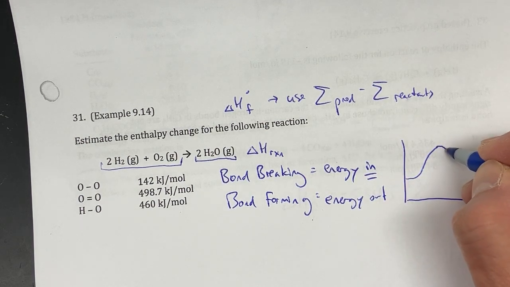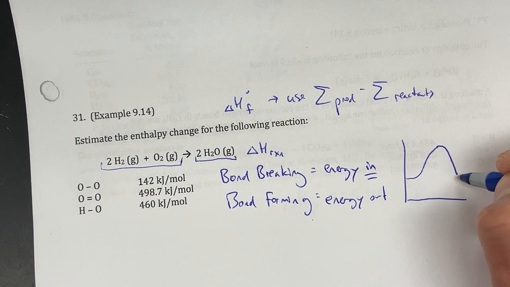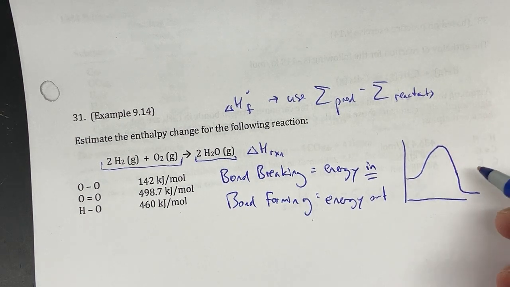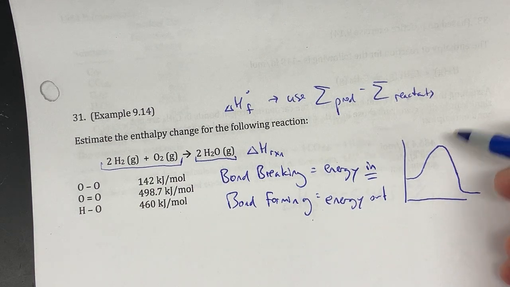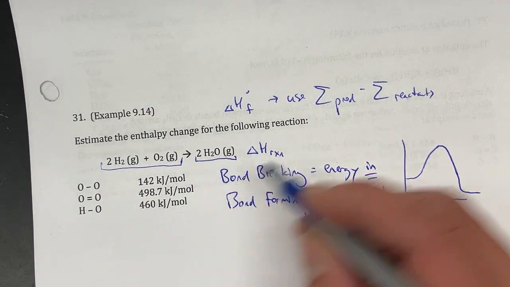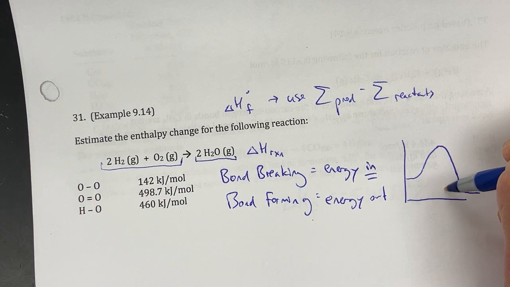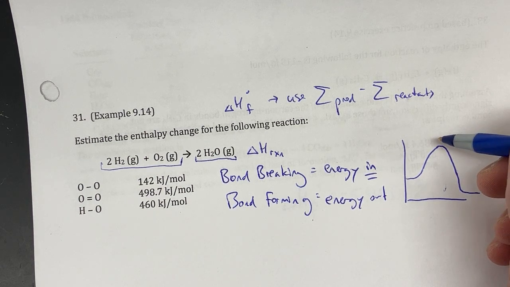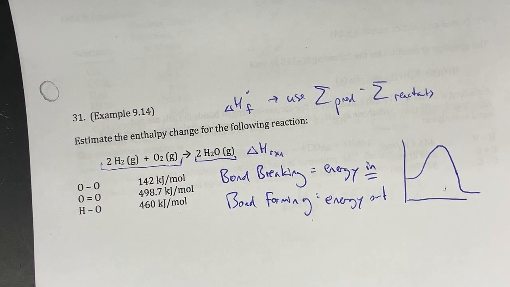So that's the downswing of the energy diagram. And it's either going to end up higher or end up lower, depending on what kind of reaction it is. If it releases energy, if it's exothermic, then you're going to have more energy going down. If it's endothermic, it's not going to be as much energy going down.